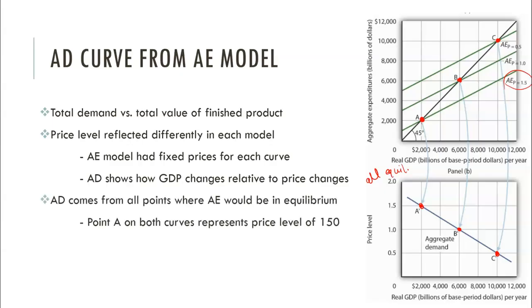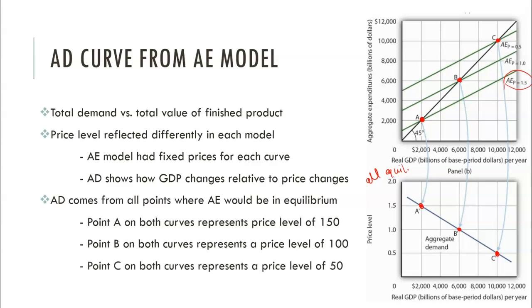Okay, so point A on both of these graphs, the top one and the bottom one, represents a price level of 150 and an equilibrium of 2,000. Point B on both curves represents a price level of 100, or 1, and an equilibrium GDP of 6,000. Point C on both of these graphs represents that same price of 0.5 or 50, and a real GDP equilibrium of 10,000.